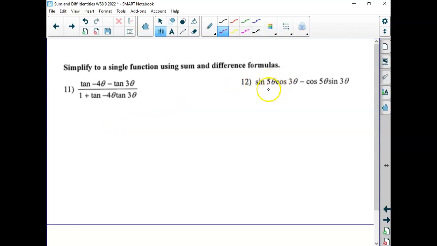Number 12, we need one that says sine, cosine, cosine, sine, and a minus in the middle. Sine, cosine minus cosine sine. Anybody find it? Which one is it?